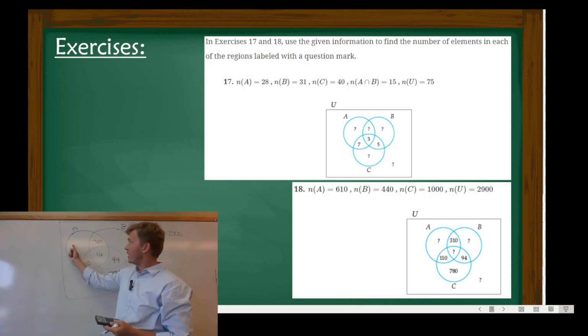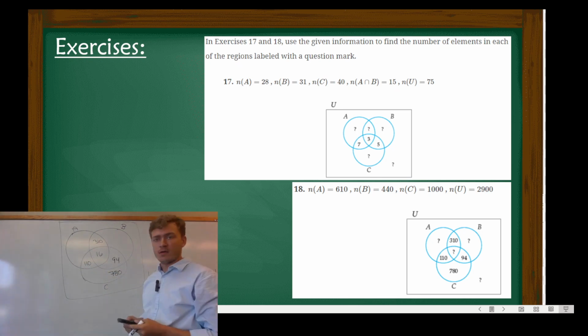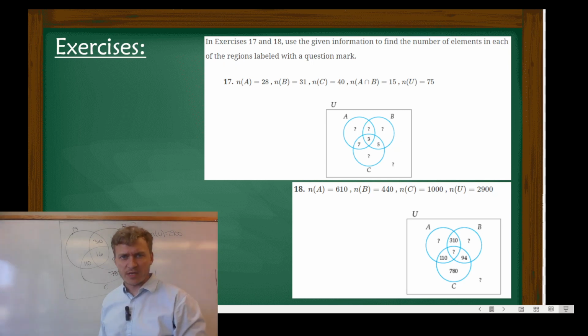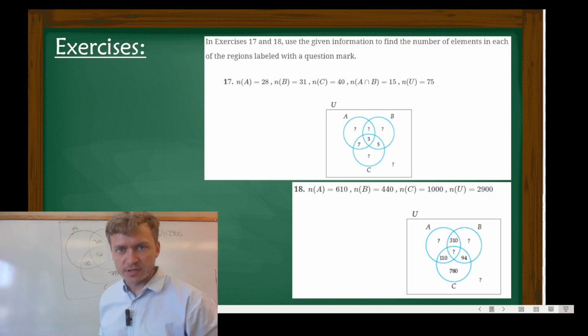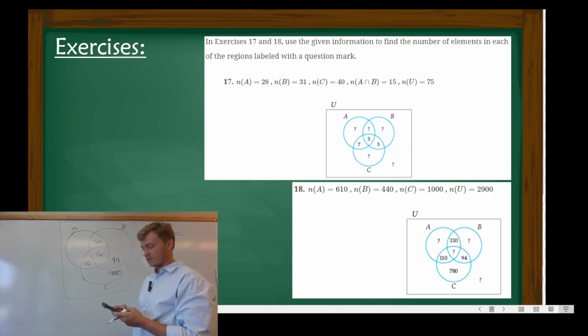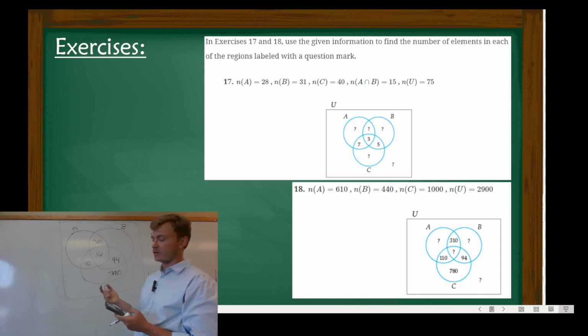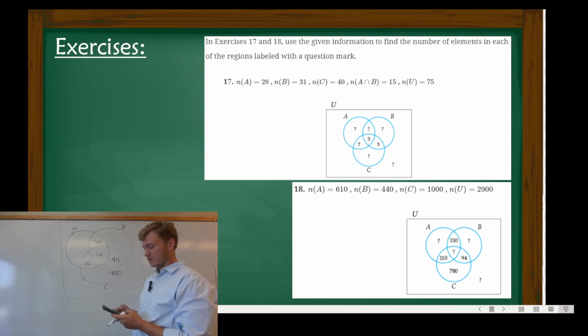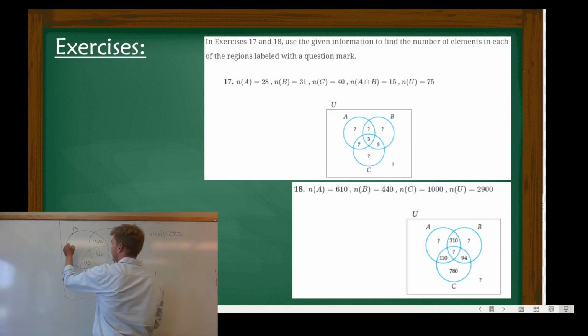So now we'll find the remaining elements in A, given the number of elements for A is 610. Should have written this out first. So 610 minus the 310, minus the 16, minus the 110, that's going to give us 174.